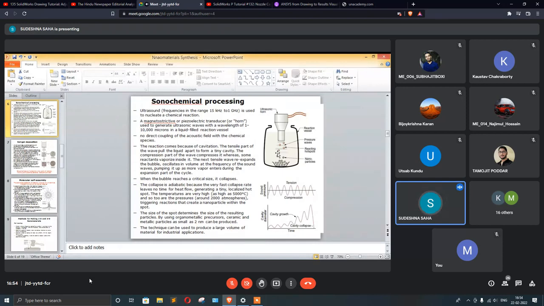Now, if you go to certain industries for nanomaterial preparation, you will find that they use sonochemical processing to produce nanomaterials.